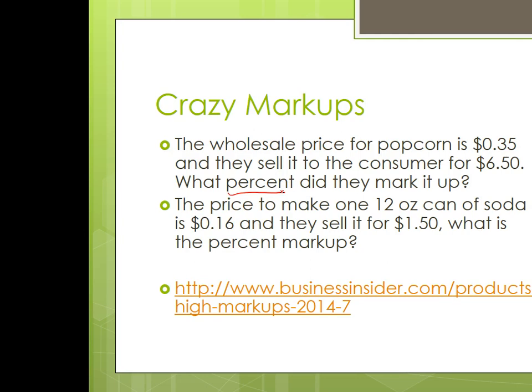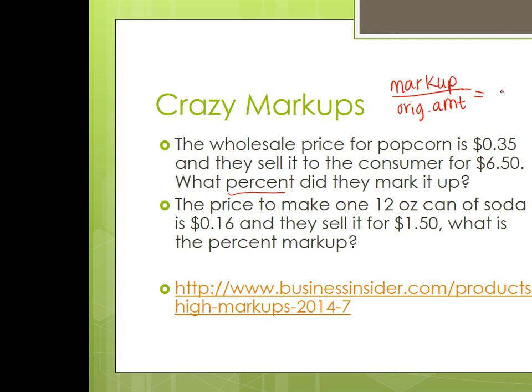To figure out the percent, I first have to figure out how much the markup was. And then for the percent portion of it, I'm going to divide by the original amount. So that's how you do these problems when they want to know about the percent that it's marked up or marked down. You find the markup or markdown, and then you divide it by the original amount.